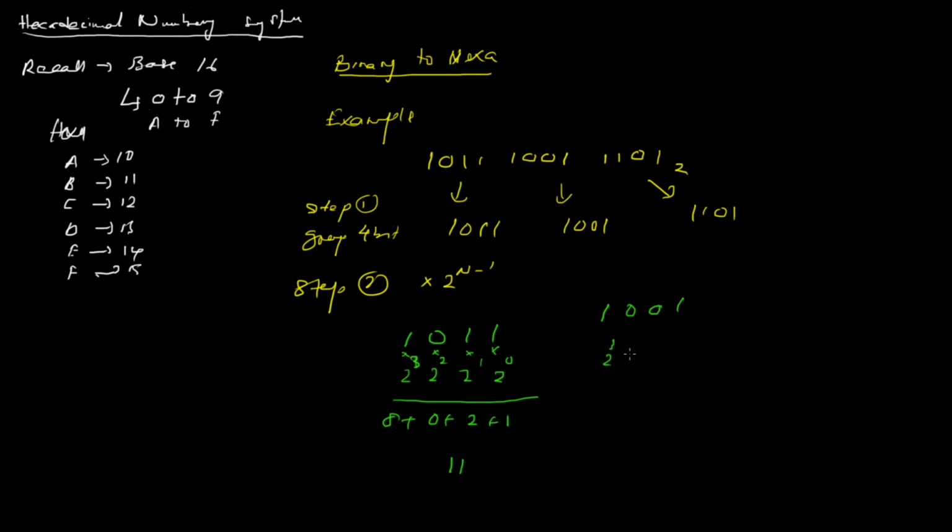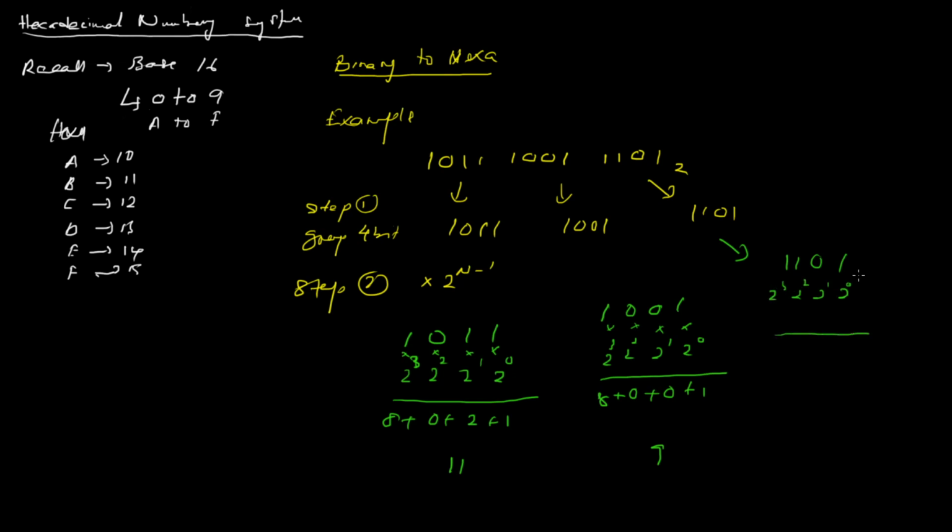2 to the power of 3, 2, 1, 0. You multiply them. This is 1 plus 0 plus 0 plus 8. Here you're going to get 9. And for this one, 1 1 0 1, 0 1 2 3.